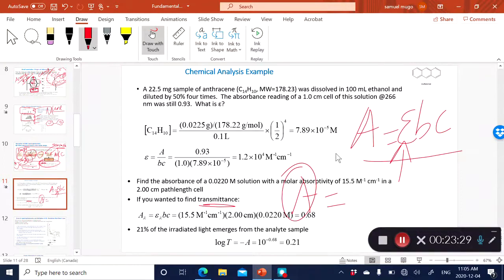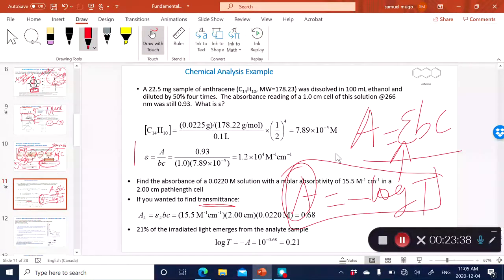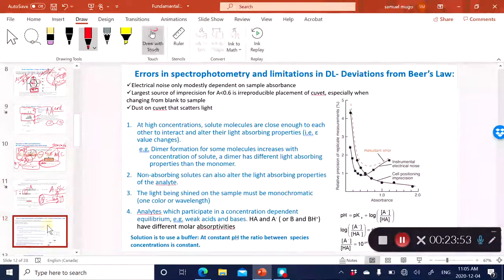You are told the absorbance, and the transmittance is determined by that relationship: transmittance is equal to 10 raised to the power of negative A, which is absorbance. So these are fairly straightforward calculations. I don't need to spend a lot of time on that.